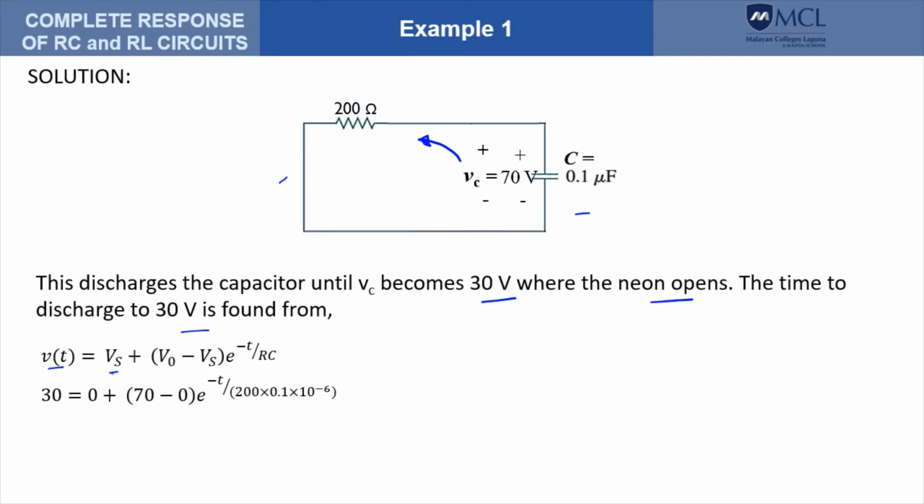But here we now have an initial voltage which is 70 volts. So computing for the time, that will give us 16.9 microseconds. So this is the time required for the capacitor to discharge from 70 volts to 30 volts.